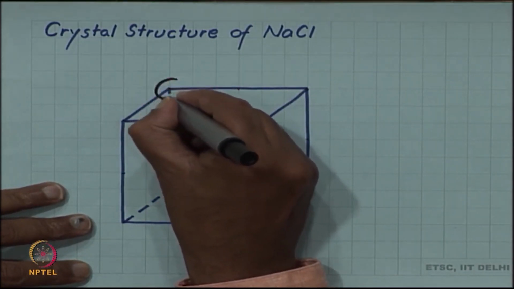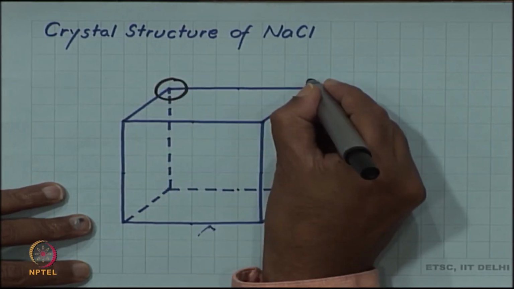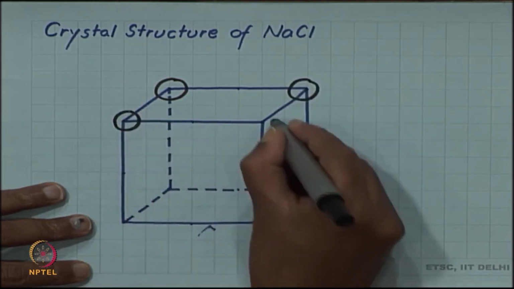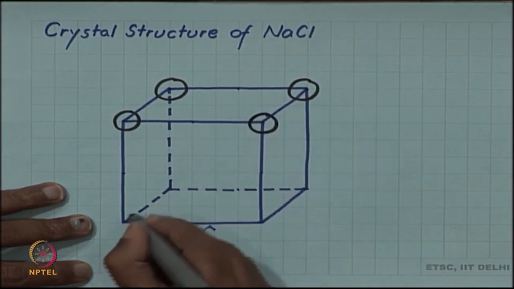So, in this cubic unit cell, let me place the chloride ions.